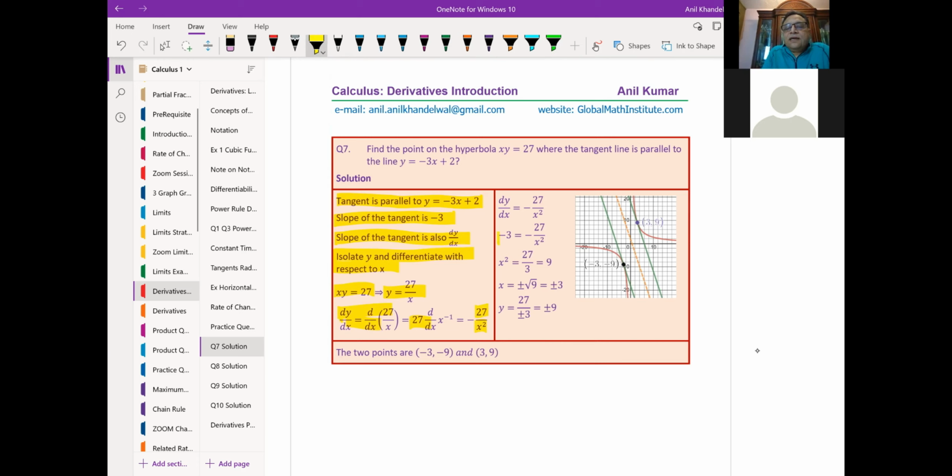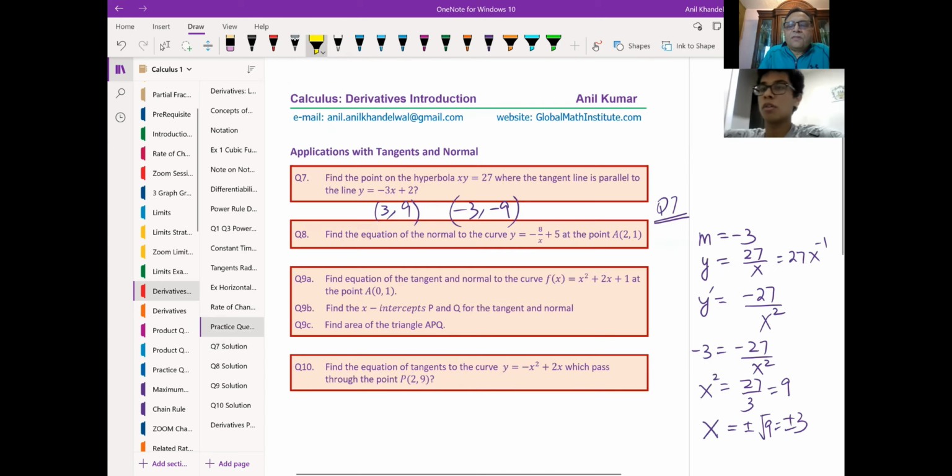Since this is equal to minus 3, we can find the value of x as plus and minus 3. For plus and minus 3, we get the y value as plus and minus 9 respectively, and therefore the 2 points are (minus 3, minus 9) and (3, 9). Is that clear? Now let's look into question number 8.